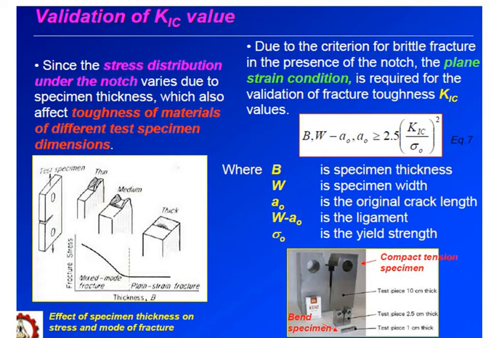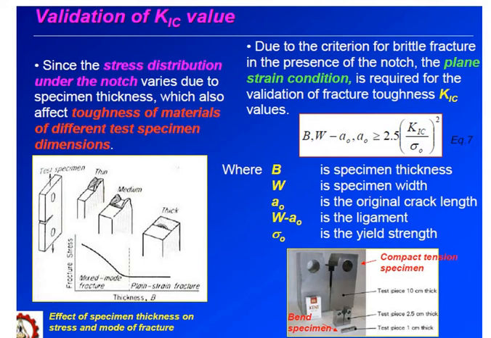Similarly here, when there is a notch, and also depending on the thickness, this in turn will affect the toughness. What is toughness? The ability to absorb energy before fracture takes place. To find toughness you do the impact test, the Izod-Charpy test.